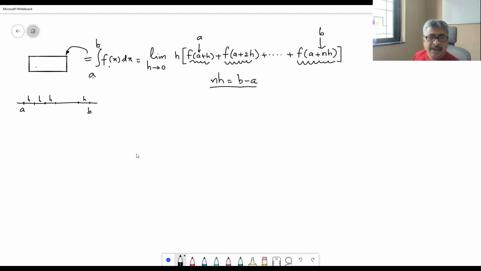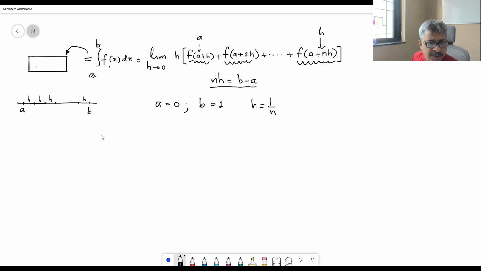That is the whole idea, and we would like to solve a few more problems using this idea, but let us work on this and convert it into a form which is going to be usable for us. By keeping a and b, the purpose is not going to be served because we need to have numbers over there. So we say a is equal to 0, we say b is equal to 1, so nh becomes 1, right? And therefore h is equal to 1 upon n.